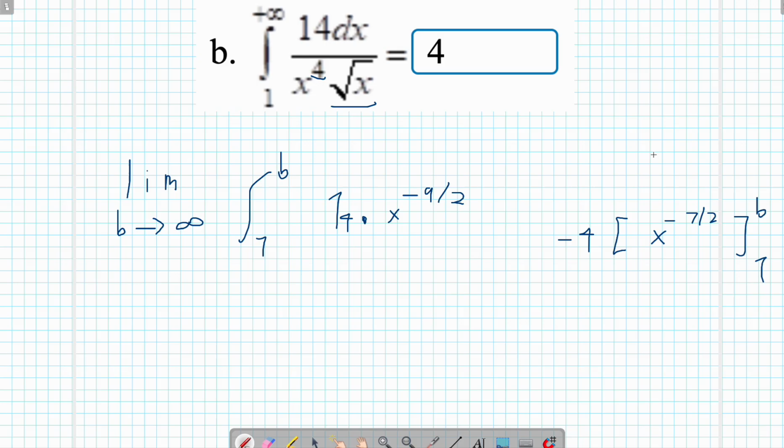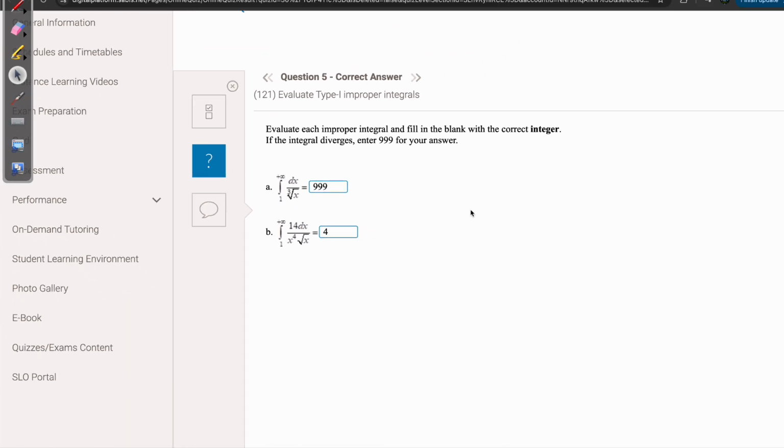And we're going to have, in this case, 1 over infinity to the 7 over 2, which is of course 0. Since infinity is a large number compared to 1, which is a small number, we're just going to say it's approximately 0. So 0 minus 1, obviously, times negative 4. So negative 4 times negative 1 is 4. We're finally done with this question.